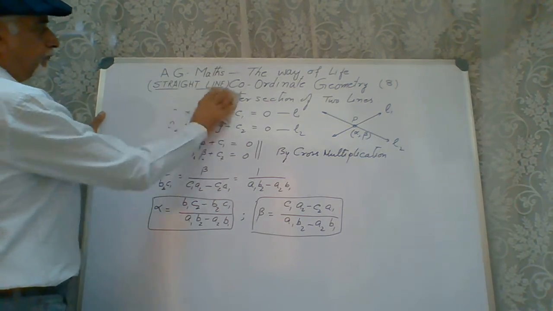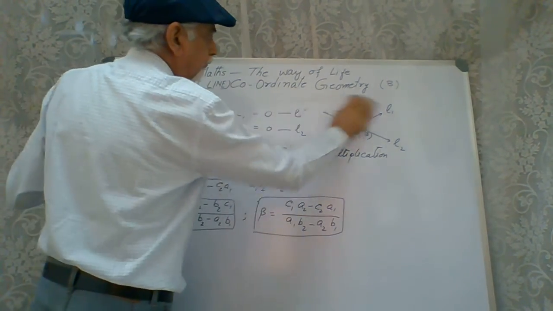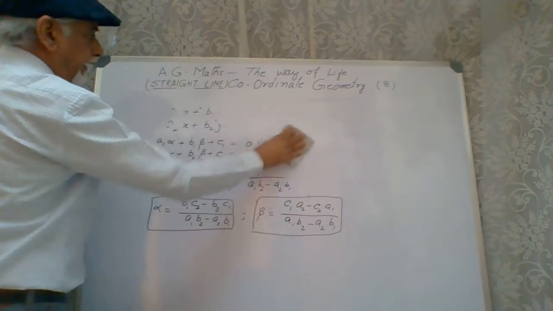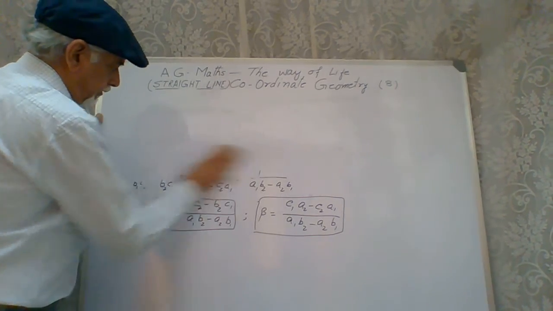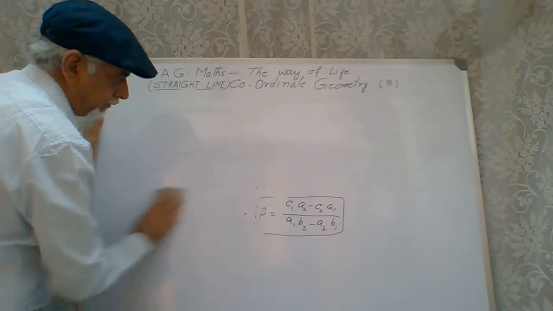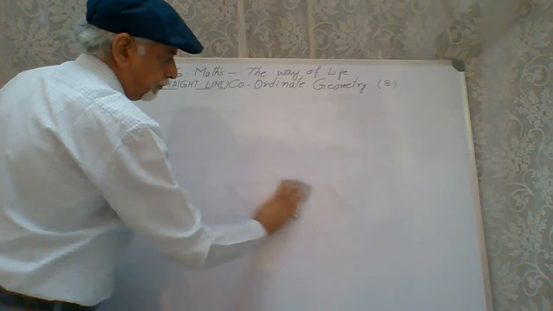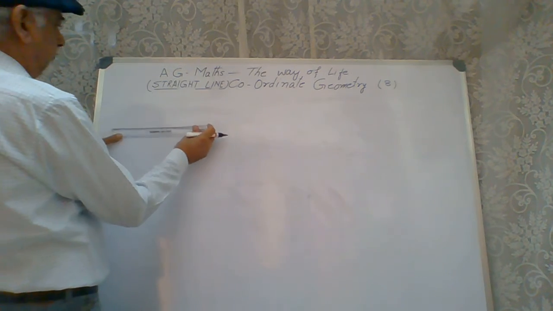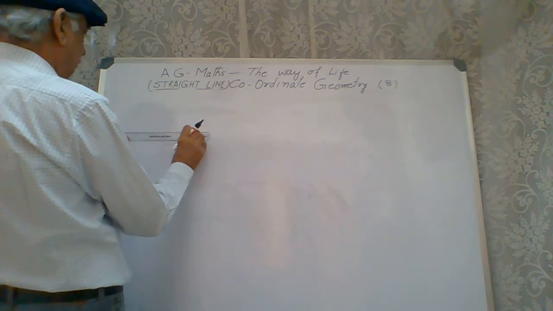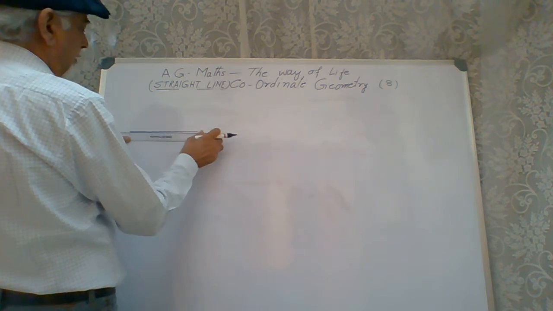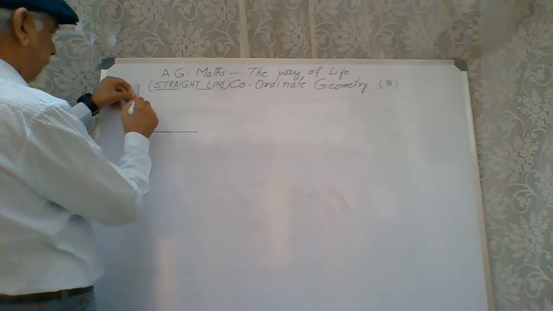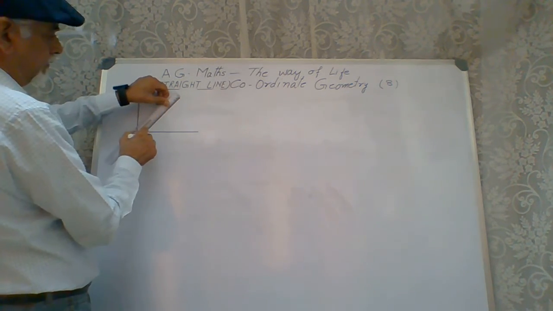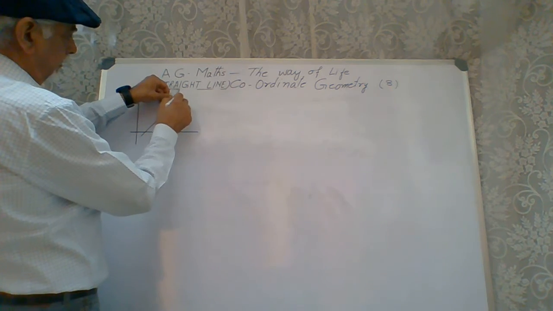Okay, now we will discuss the angle between two lines. How will we find the angle between two lines? So this was so simple, finding the point of intersection when two lines are intersecting. Now suppose we have the x-axis here and the y-axis here, and we have one line like this, another line intersecting like this.